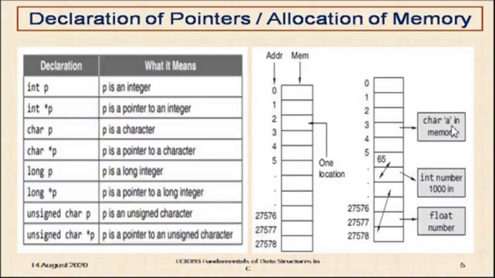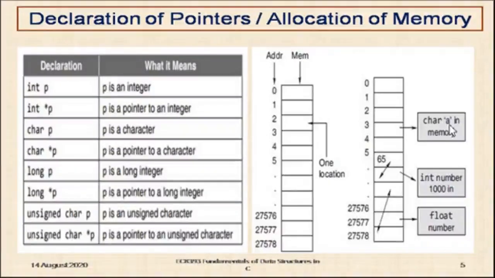memory space for the particular variable. So depending upon the size of the data type, it will allocate the number of memory locations in the memory. If it is a character, then it occupies only 1 byte. So it will allocate a single memory address in the memory. You can see here, a single byte is assigned. This full address is 27503.